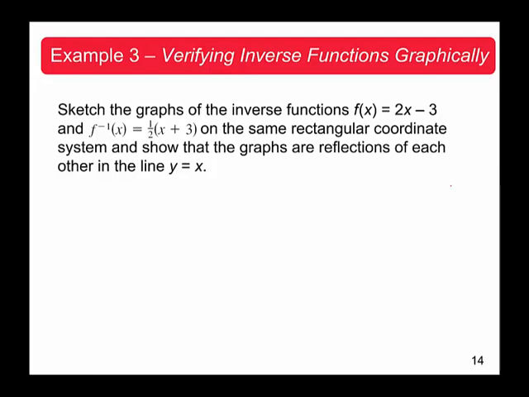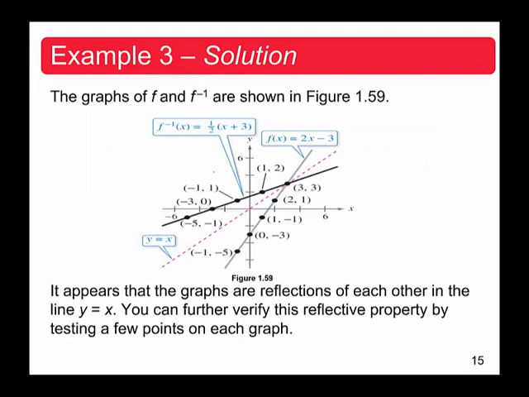And if we sketch the graph of f of x equals 2x minus 3, and then the inverse, f inverse equals half x plus 3, they will form a mirror image. They are reflections of each other with respect to the line y equals x. And this is how you look at it. So this is f of x.